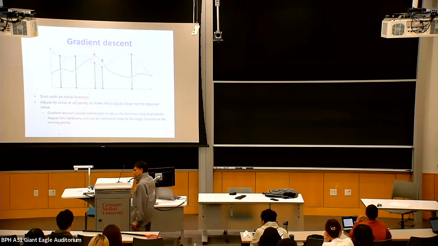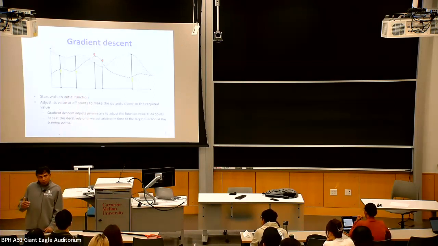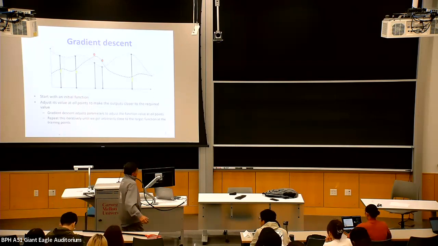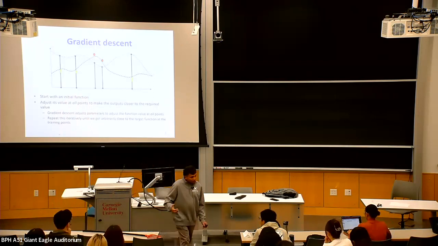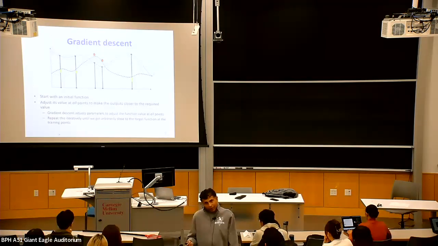At the first two inputs, the function is below the target function. So what would we like to do with the function at those locations? Raise the function, right? And then at the next two inputs, the function is above the target function. What would you do? Lower the function at those points. And then at the next one, the function is again below.